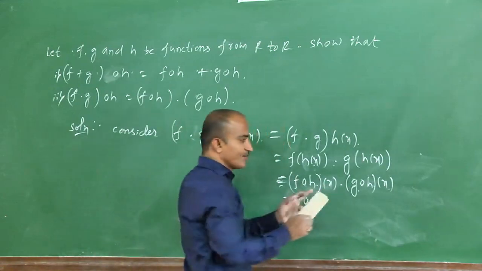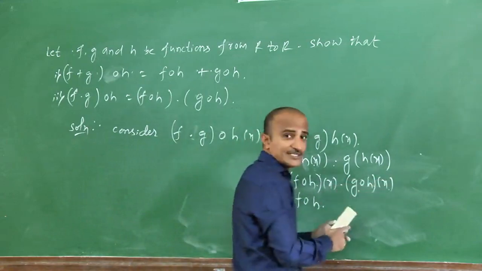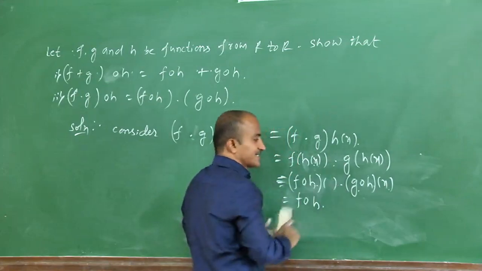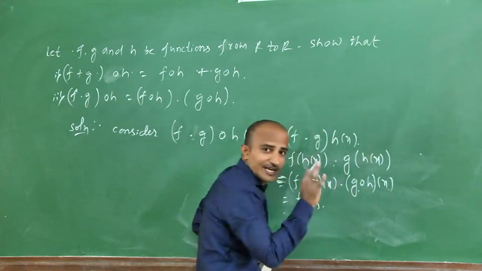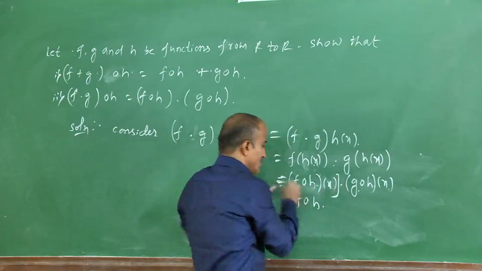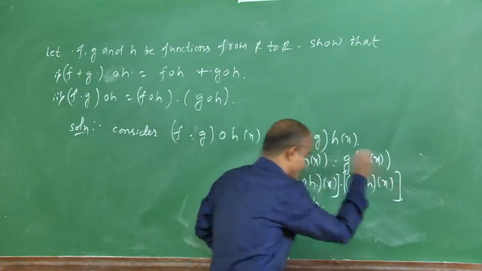Here you should be very careful: it is (f composition h) of x times (g composition h) of x, not x times x giving x squared.